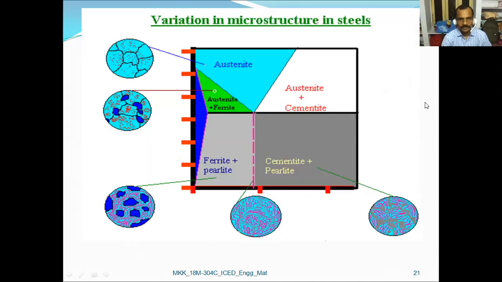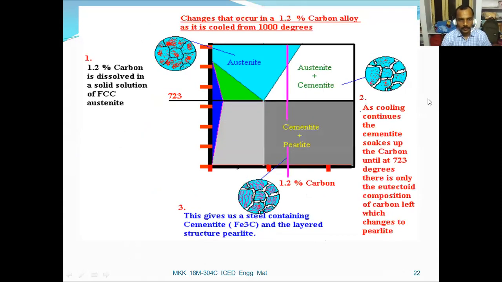And we have discussed the variation in microstructure in steels. So these are the several combinations: austenite, austenite plus ferrite, austenite plus cementite, ferrite plus pearlite, cementite plus pearlite.